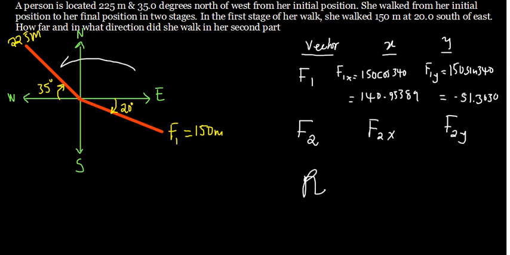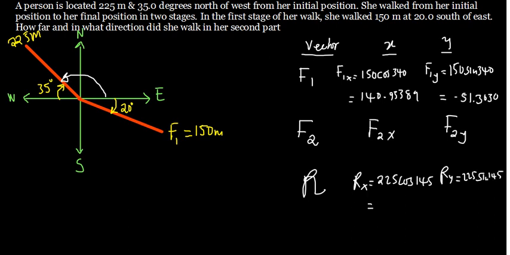So the resultant in the x has magnitude 225 cos, and the angle of interest is relative to the positive x. What angle is that? 145. So that's the angle we are using, cos 145, and Ry is going to be 225 sin 145.